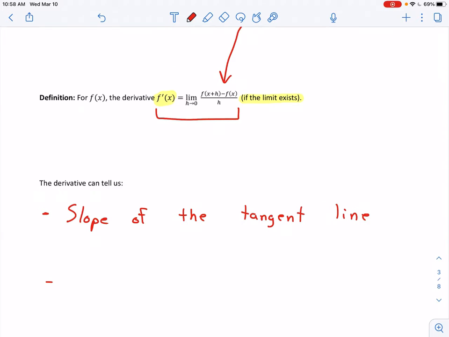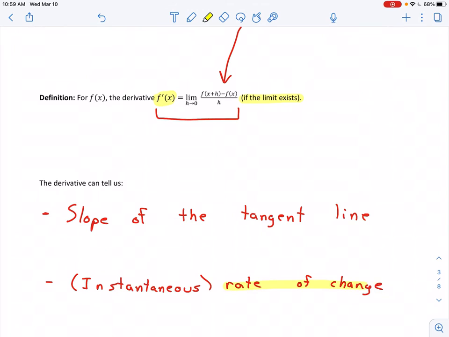The derivative can also tell us the instantaneous rate of change. And I put that word instantaneous in parentheses because sometimes we use it there, sometimes we don't.